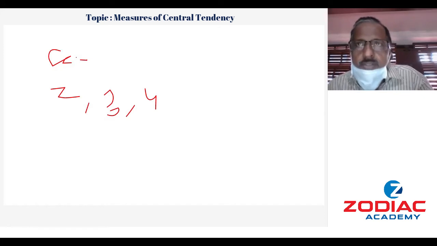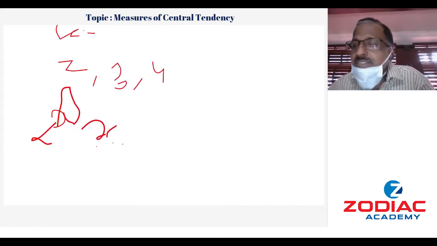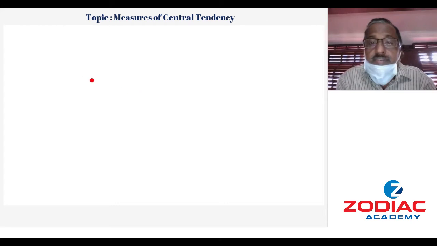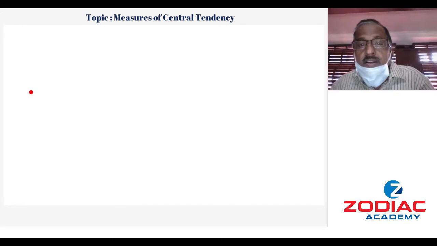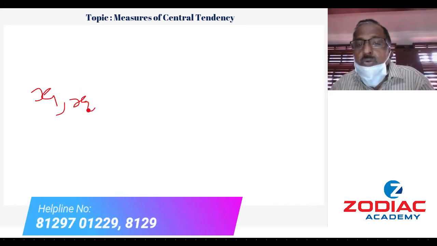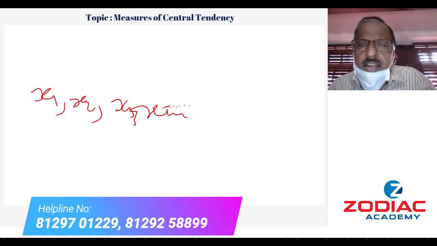That means, suppose x1, x2, x3, etc. xn are n values. The arithmetic mean of these values is denoted by x bar.